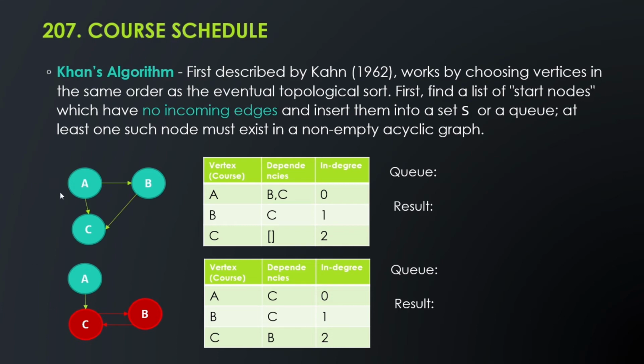And so if we're looking at this graph right here, which I've changed the node values to letters so that we're not confused by the in degree numbers.